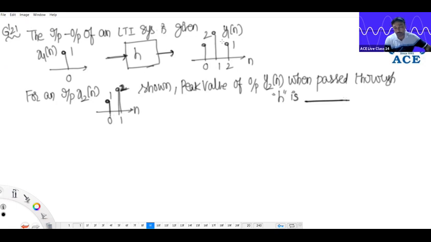Due to delta[n], we got this. Due to this, what is the output? And what is the maximum amplitude of the output when it is passed through the system? Same LTI system property blindly. Whatever happens to input, the same thing happens to output.